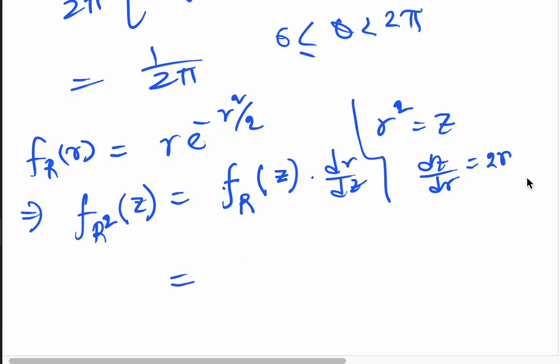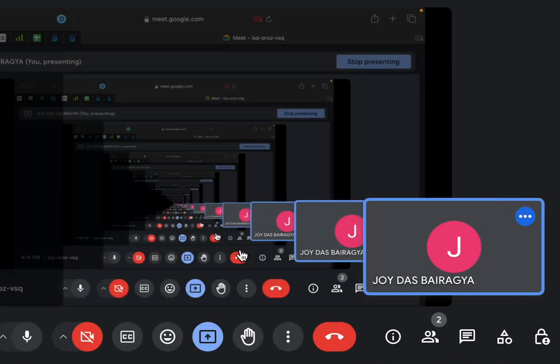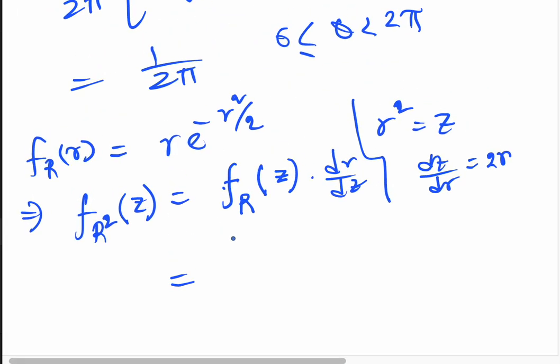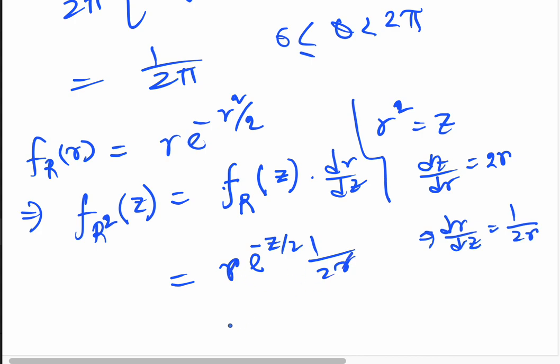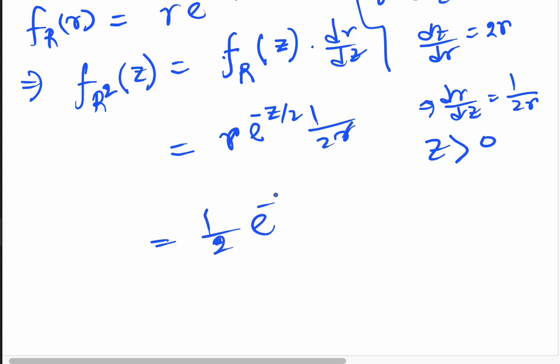Now dr dz is nothing but 1 by 2r, so this is r e to the power minus z by 2 times 1 by 2r, and here z should be greater than 0. So basically it is half e to the power minus z by 2.